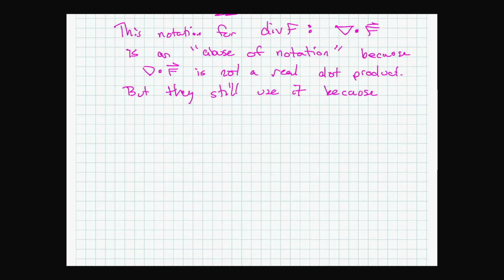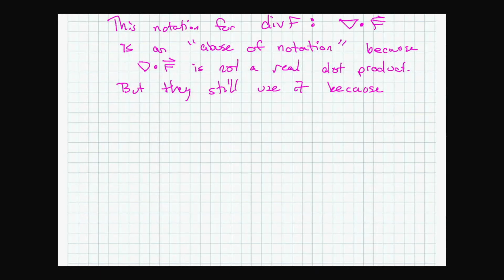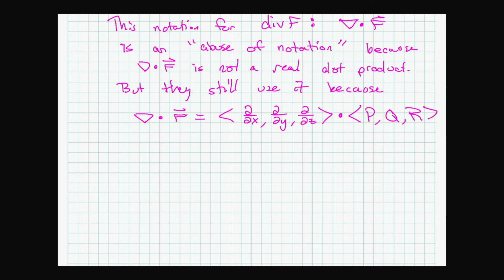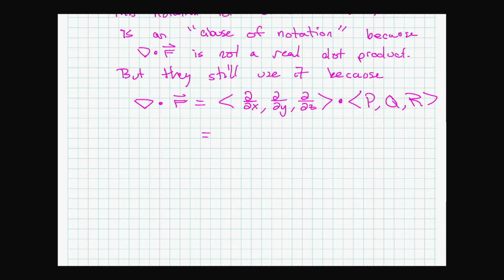because if you write grad dot F like this, and you think of the gradient symbol as being d dx, d dy, d dz, like this, and then you think of F as being P, Q, R, like that, then when you do a dot product, you multiply first component, second component, third component.